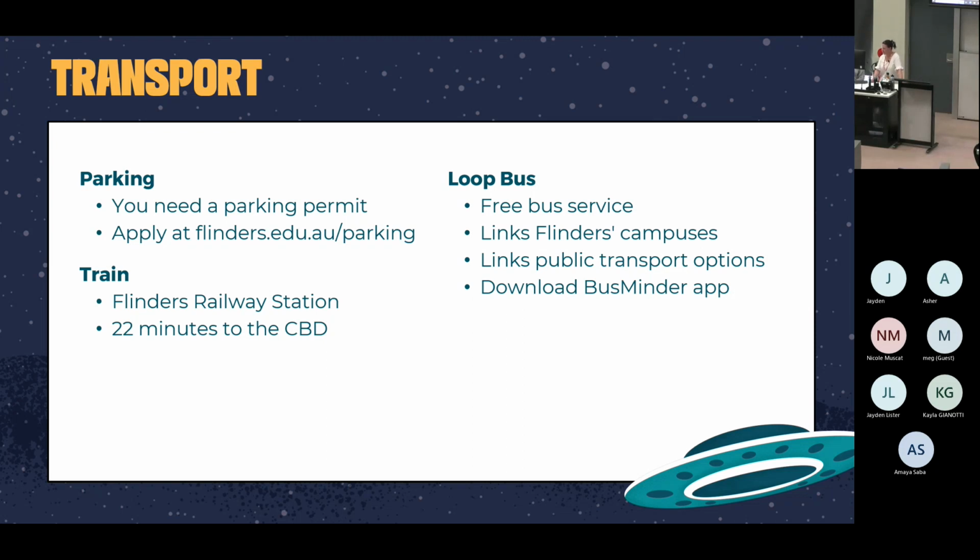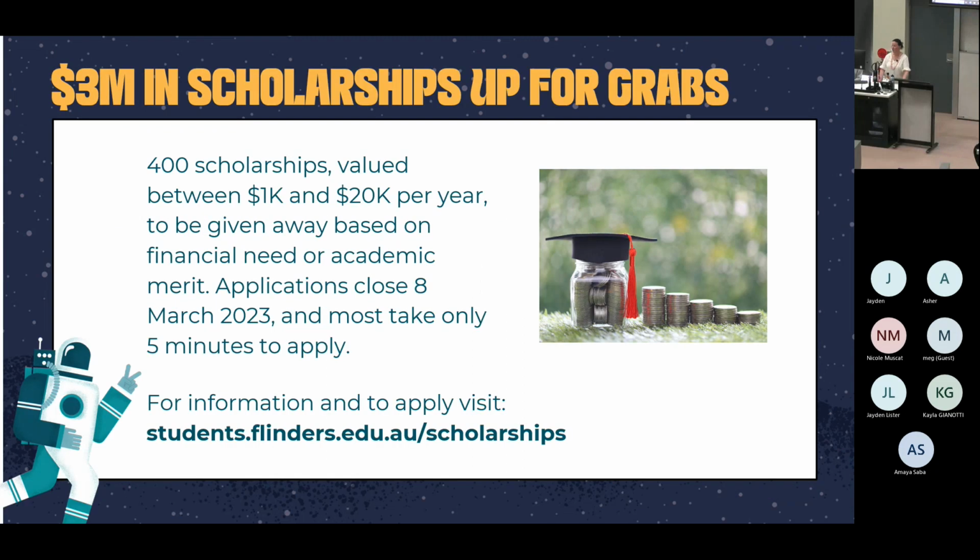Okay, so there is $3 million in scholarships up for grabs at the moment. Just to let you know about this, there are 400 scholarships in total, with values between $1,000 and $20,000 per year to be given away based on financial need or academic merit.